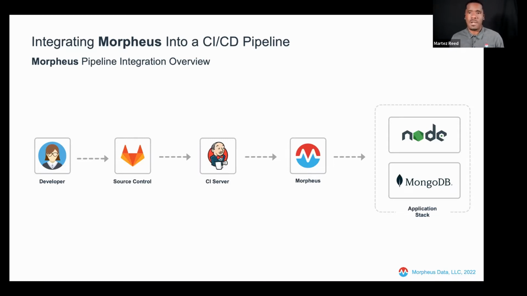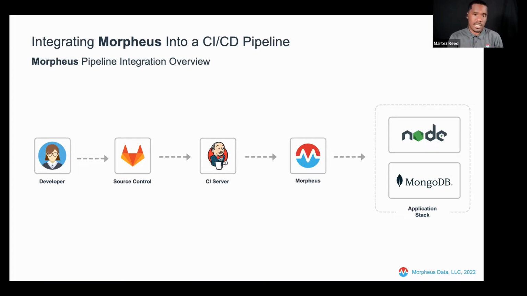So at that point, we're continuously deploying into production, as opposed to continuously delivering to make it ready to go into production.